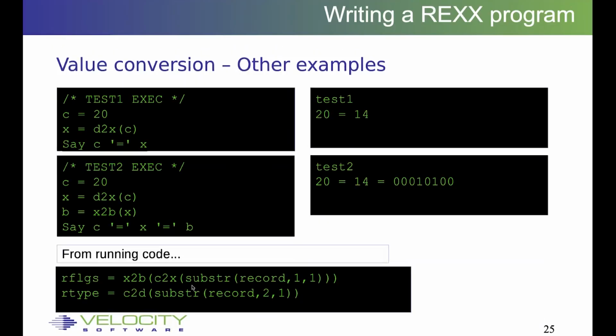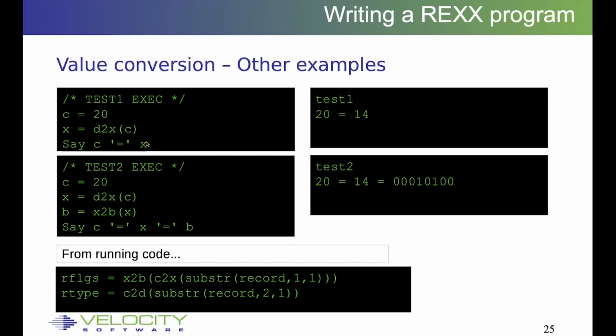Okay. The next set of functions does some additional conversions. We're going to set two values. We're going to set C to 20, and we're going to set X to the result of D2X for C. What D2X does is it converts a decimal value, in this case 20, to hex.